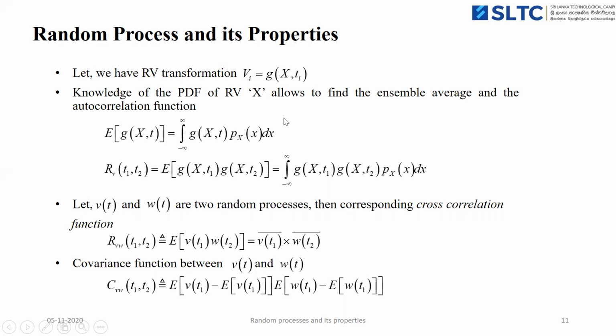Then we can find the mean value for the function g of X comma t, that is, the expectation of g of X comma t equals the same formula we use for the random variable: integration from minus infinity to plus infinity of g of x comma t times p of x dx, where p of x is the PDF function of the random variable X. Similarly, we can find the autocorrelation function for the function g of X comma t, that is, a transformed random process.